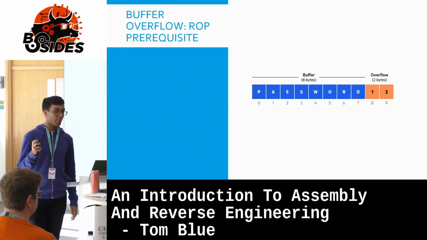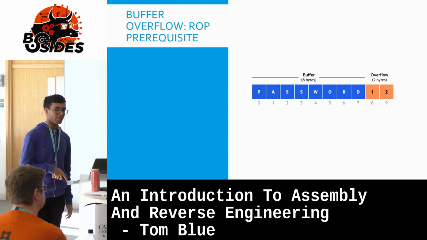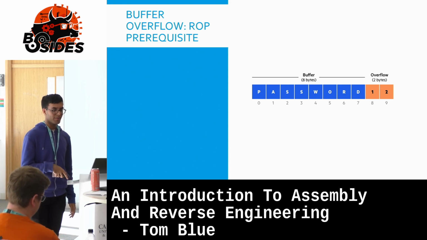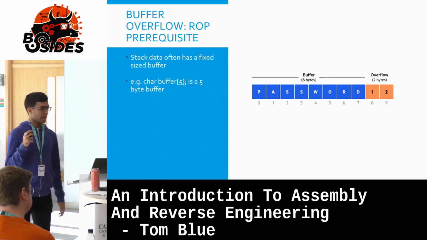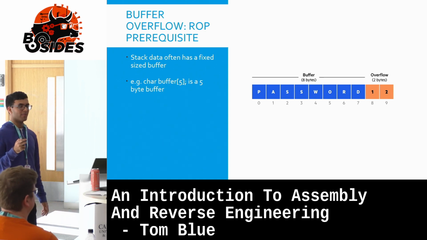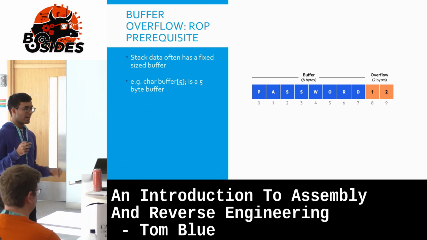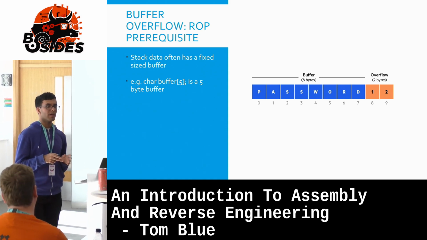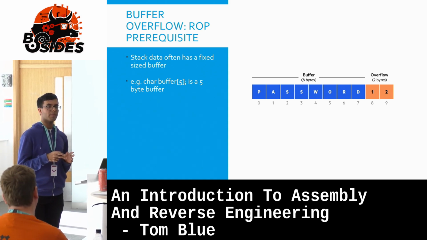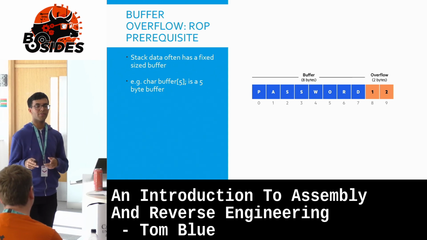So I want to talk about return-oriented programming, but to understand return-oriented programming, we need to talk about buffer overflows first. So stack data often has a fixed size buffer. Like if you have a char array of size 5, that's a 5-byte buffer. If there's nothing controlling the data that goes in, the user can still input data that's larger than 5 bytes, and it will overwrite everything that comes after it on the stack.